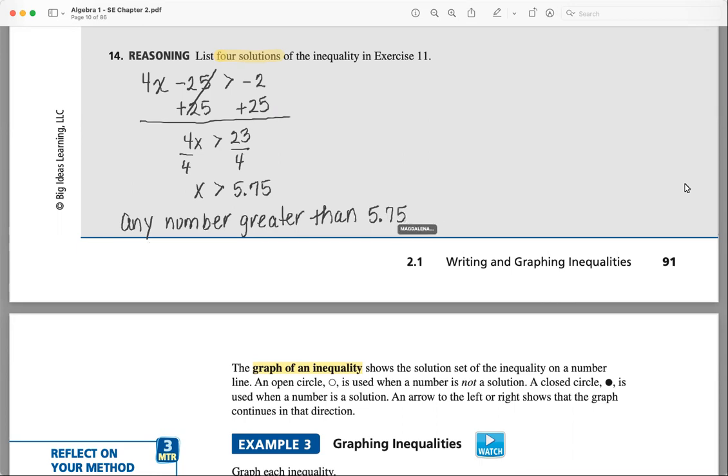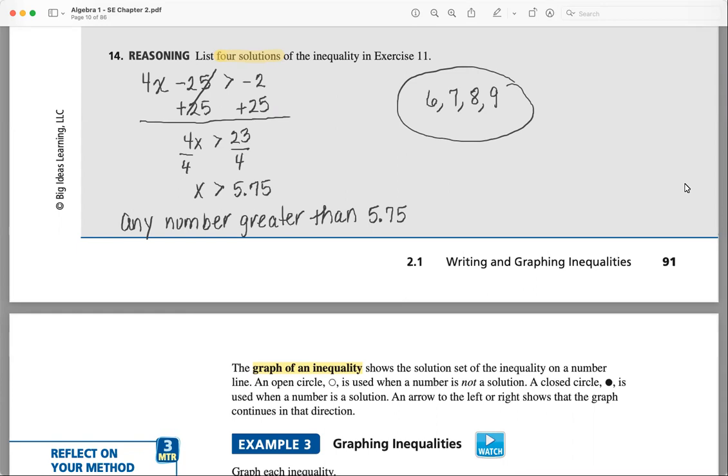When you read inequalities, you're always going to read them from the variable to the number. The variable could be on the left or on the right-hand side, but you're always going to read from the variable to the number. So the solutions, 4 solutions: the next larger numbers are 6, 7, 8, and 9. As simple as that. But you must solve first in order to find what is the solution set.